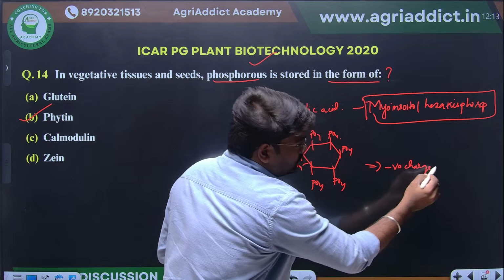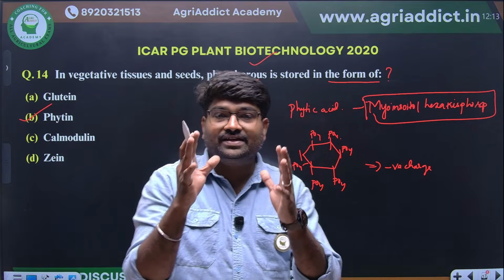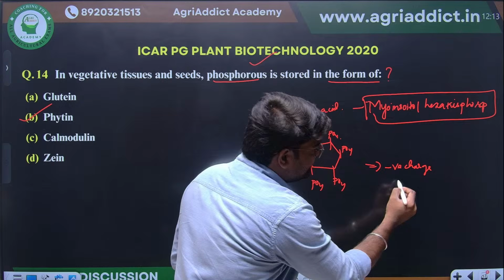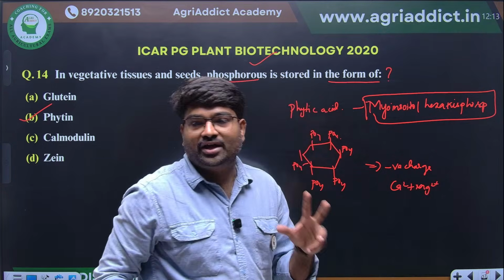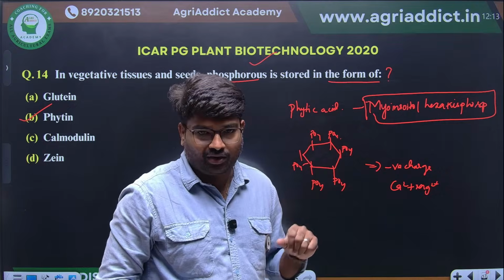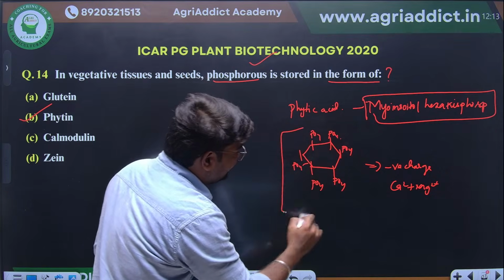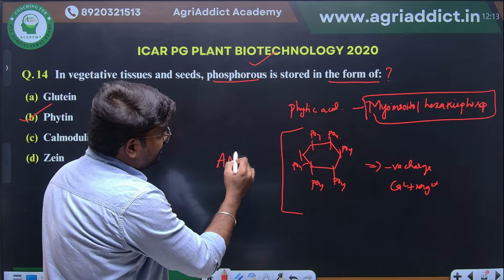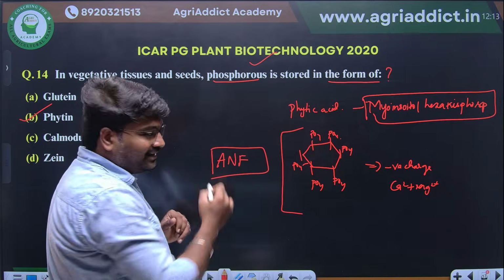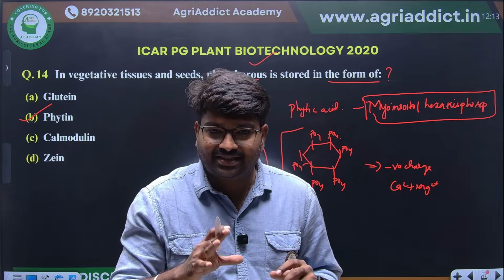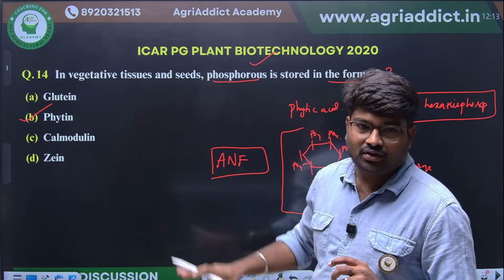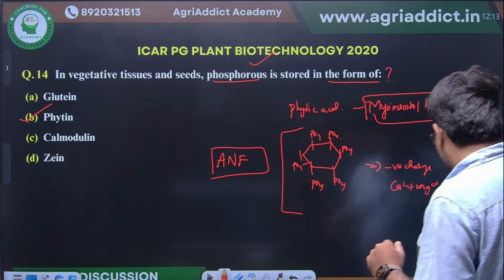This negative charge will chelate positive ions like calcium and magnesium, and decrease the bioavailability of these nutrients in the body. So this may act as an anti-nutritional factor. Phytic acid is an anti-nutritional factor, but for plants it acts as a storage form of phosphorus. Clear? This is a very important point.